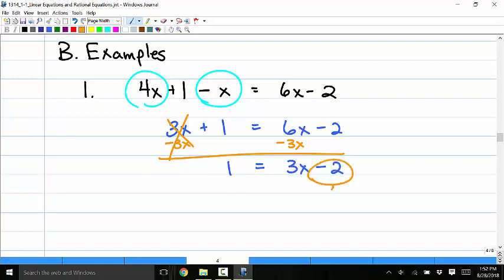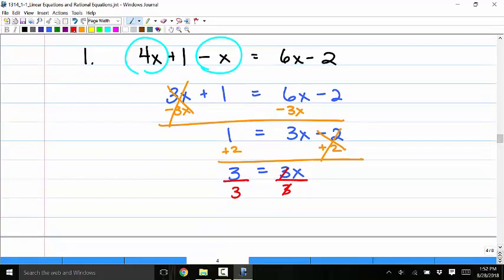Now I want to get the -2 to the left, so I need to add 2 to both sides, and I get 3 = 3x. Now I want to get the x by itself, divide both sides by 3, and I get x = 1.